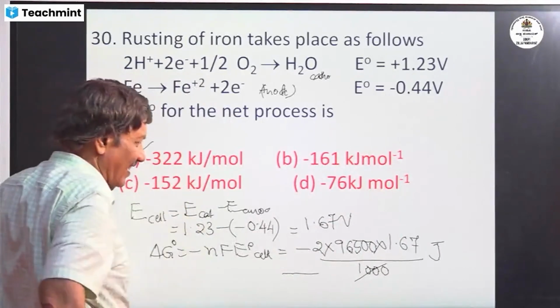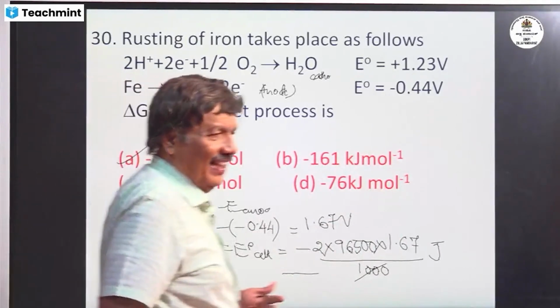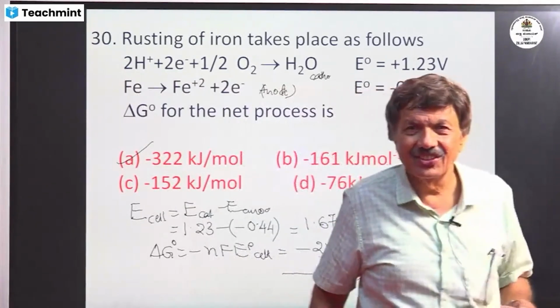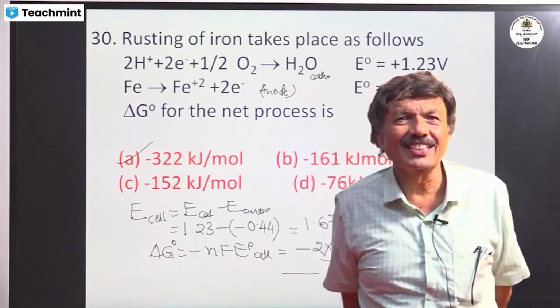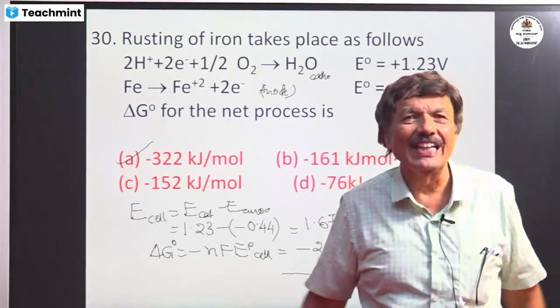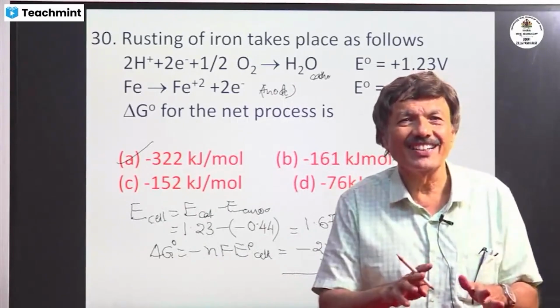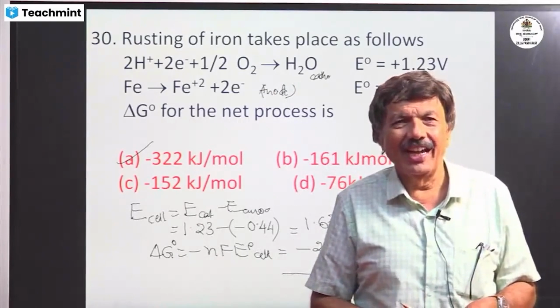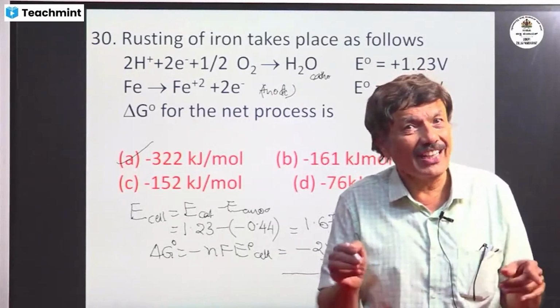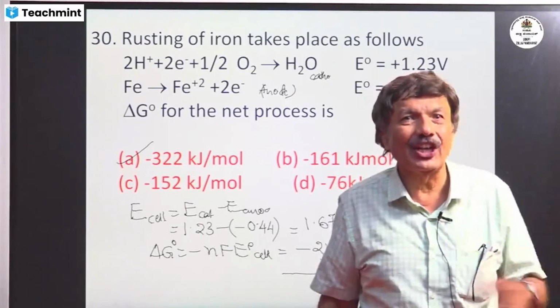Option A is the right answer. So this is how you must make use of a little logic, a little shortcut, everything. You should be quick as well as accurate. You cannot compromise about anything.